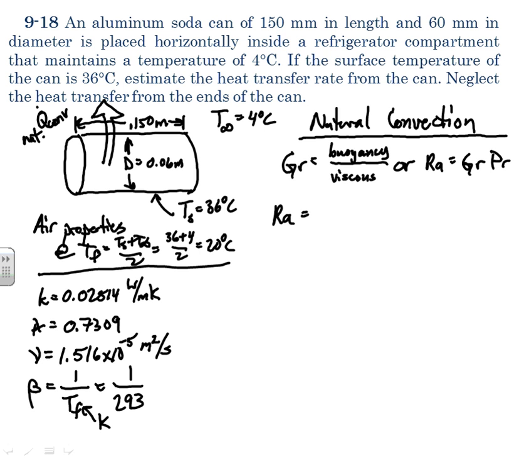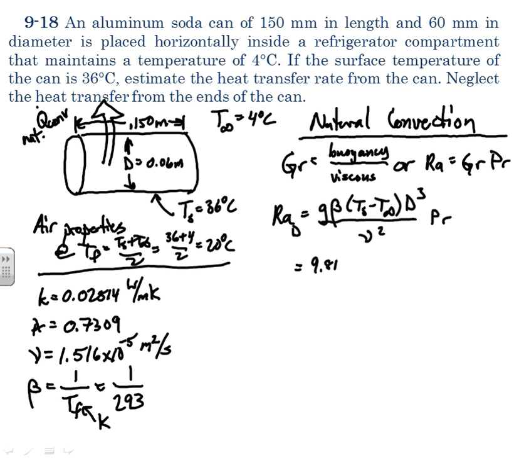So that said, I need my Rayleigh number based on the diameter as my characteristic length scale. That means my Rayleigh number is just g times beta times Ts minus T infinity times the diameter cubed divided by the kinematic viscosity squared, multiplied by the Prandtl number.